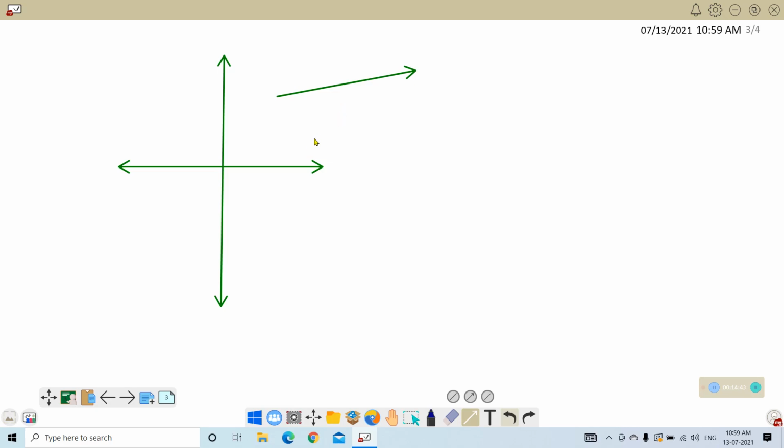Suppose the two extremities of this line are M and N. There is another line from 4 comma minus 3 suppose. So this point is 4 comma minus 3, and 2 comma 5.